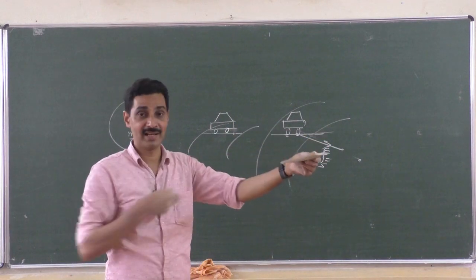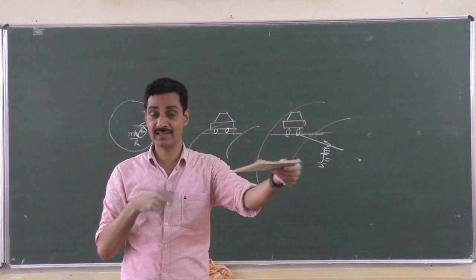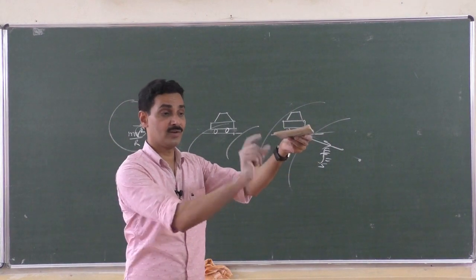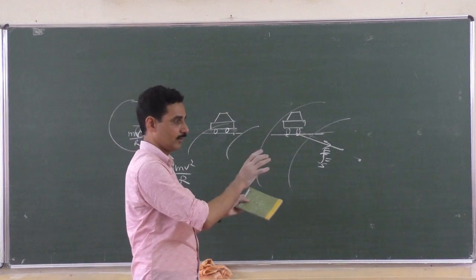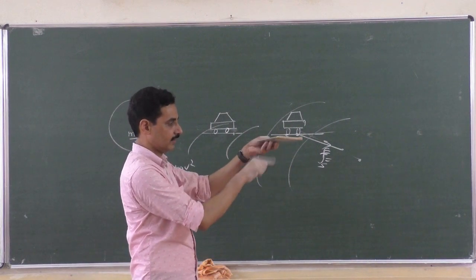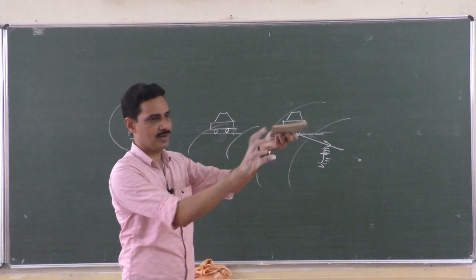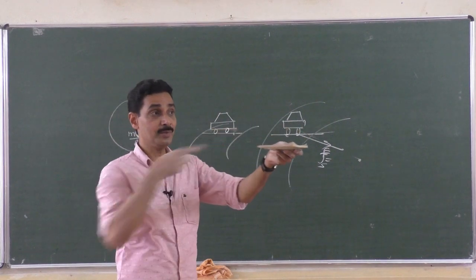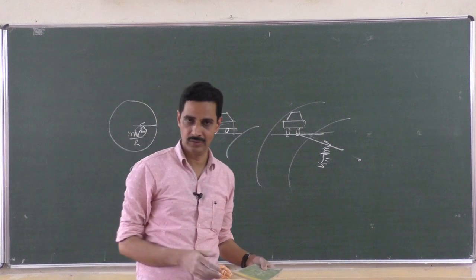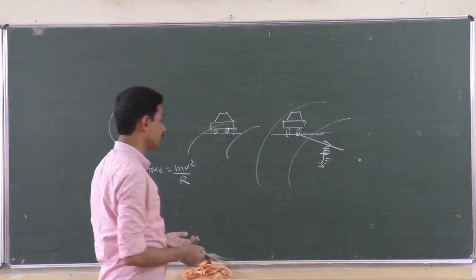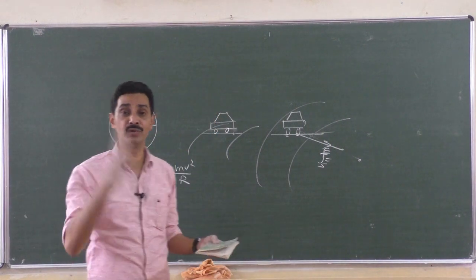And what about in this direction? What is the motion of the object in this direction? No motion. The wheels turn and the vehicle comes like this. Am I right? Just imagine the situation. If the vehicle is like this, its wheels are here, the wheels turn and go like this. In this direction there is no motion; in the direction of the centripetal force it is static. So with respect to that direction, there is no motion.